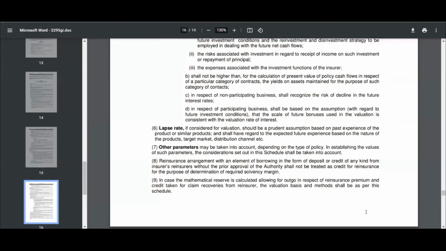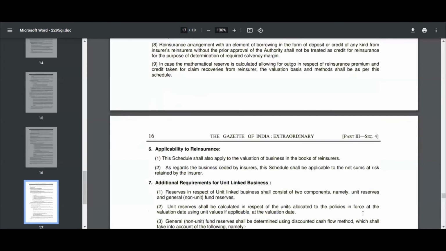This regulation is applicable for the balance sheet of the insurer and also for the balance sheet of the reinsurer, basically the books of the reinsurers. And as regards business ceded by the insurer, this schedule shall be applicable for the net sum at risk.